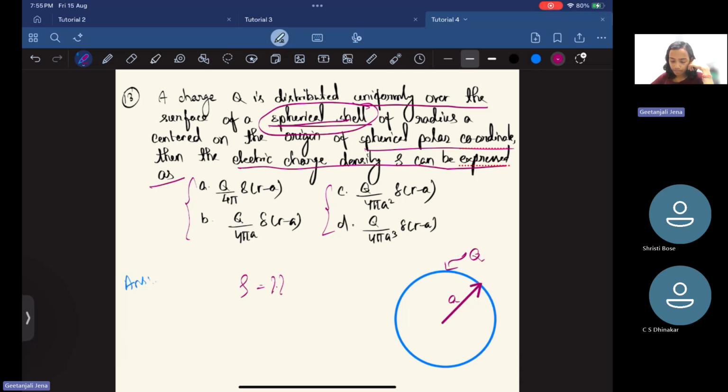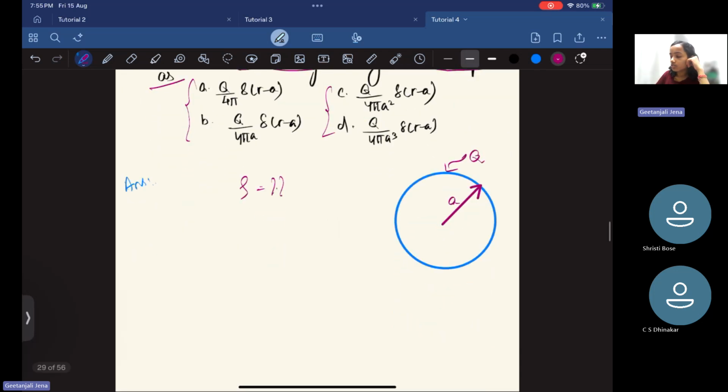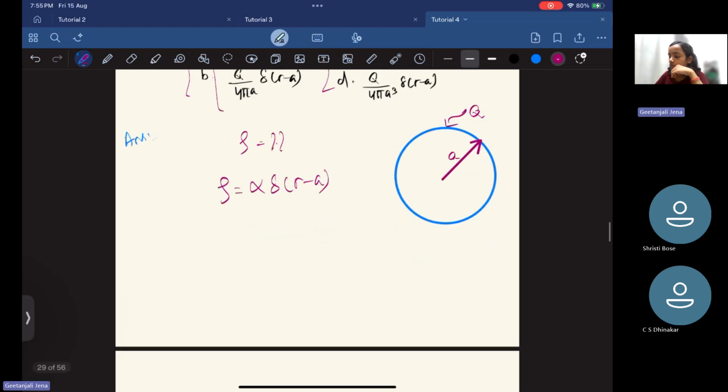Option C. Yes, it's correct. Okay, so then you know how to calculate it. It's nothing but relating rho with Q. You can see here it's expressed as rho equals some alpha times delta of R minus A. And you know that Q is the integration of rho dA.